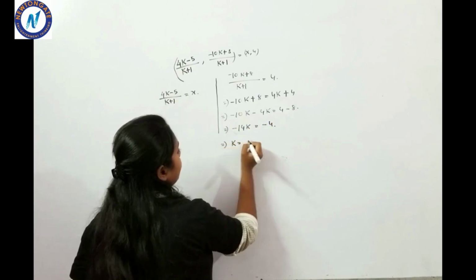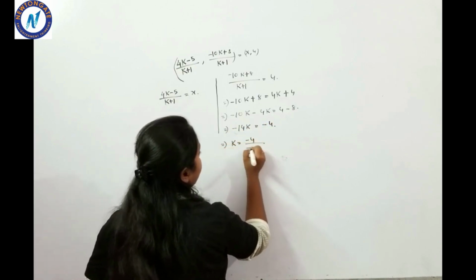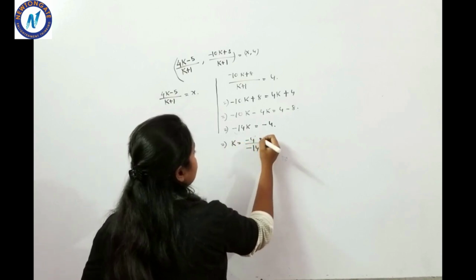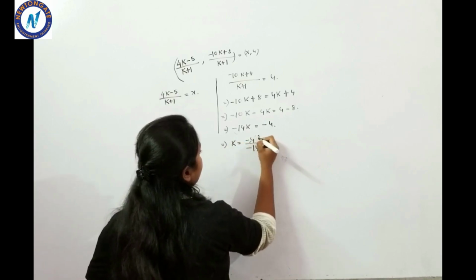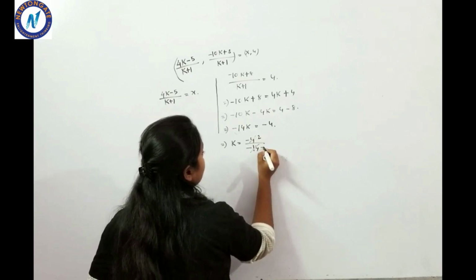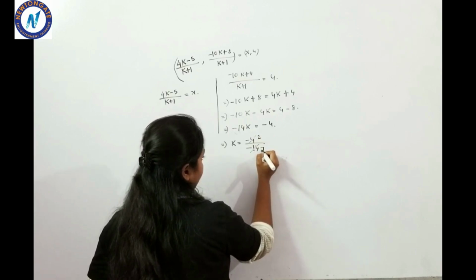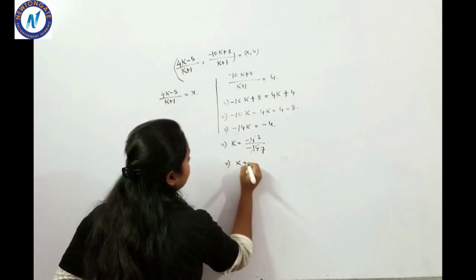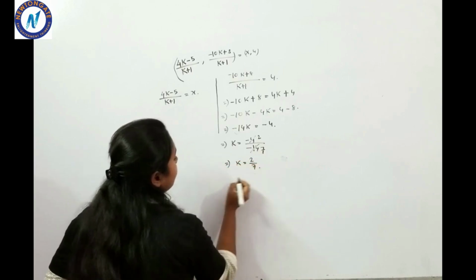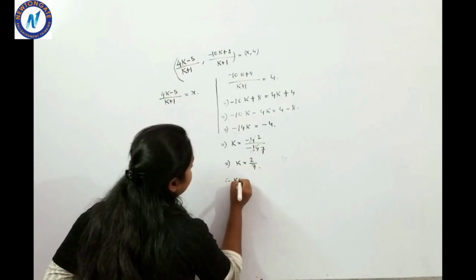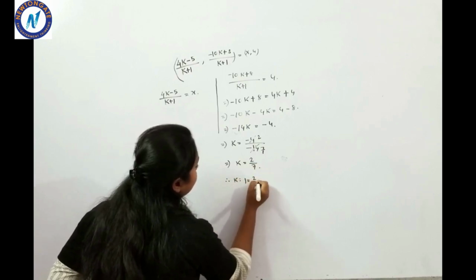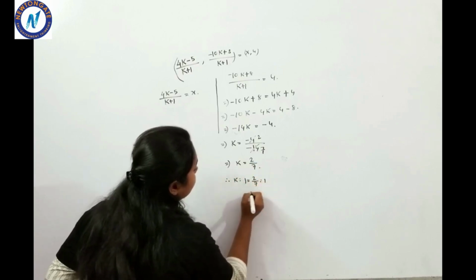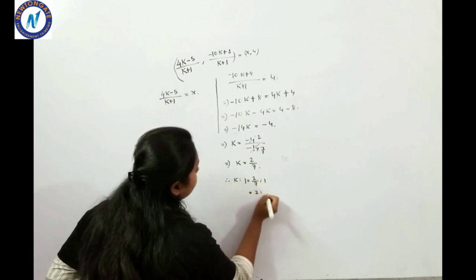That gives k equals minus 4 by minus 14. We cancel out 4 by 2, then we get 2, and cancel out 14 by 2, we get 7. Then the value of k equals 2 by 7. That means k is to 1 equals 2 by 7 is to 1. That means 2 is to 7.